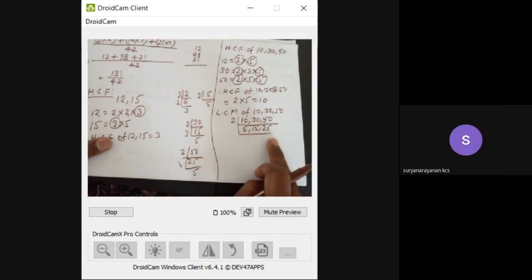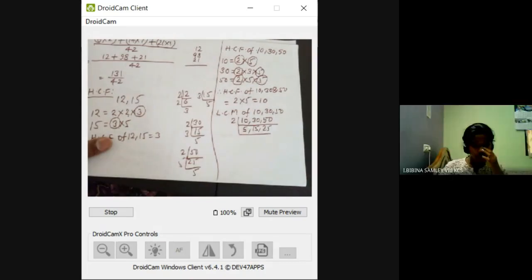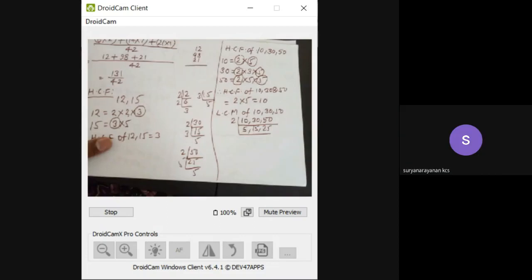No, sir. Then the next prime number is 3. We should take the 3 table. Don't jump into the 5 table. We take the 3 table only, not directly the 5 table. Because 3 divides the middle number, 15, 3 5s, we can choose this number.